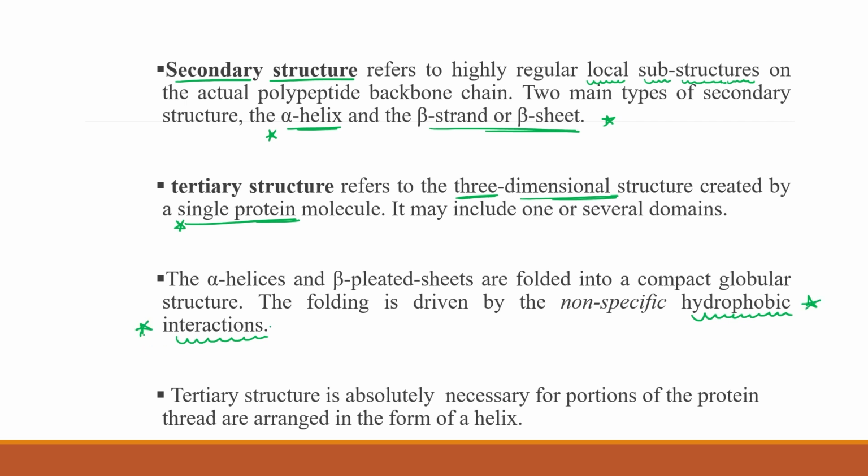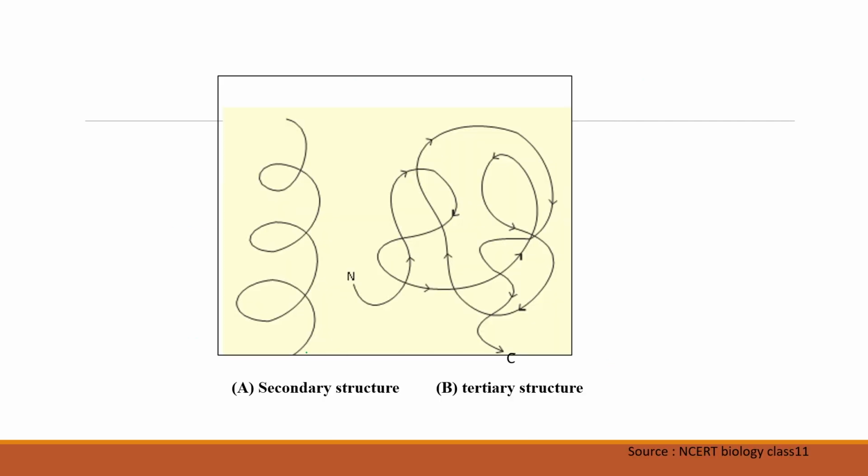And after the folding of beta pleated sheet and alpha helix, they are able to create tertiary structure, right? So this one is the secondary structure. After again recoiling of this secondary structure, it will form tertiary structure, and in this tertiary structure both types, alpha helix and beta pleated sheet, are there. And what type of interaction is there?